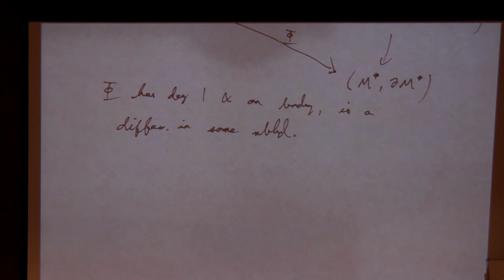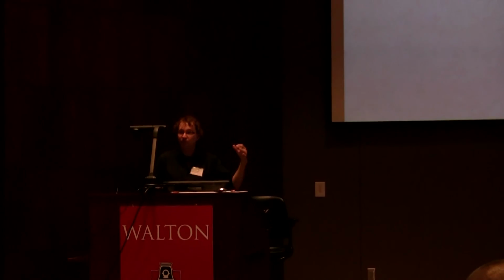Because what they did was consider some moduli space of holomorphic curves such that the evaluation map from there to the unknown filling has precisely the kinds of properties that we have here. We've got a map of degree 1 between manifolds with boundary, which looks like a diffeomorphism in some small neighborhood.